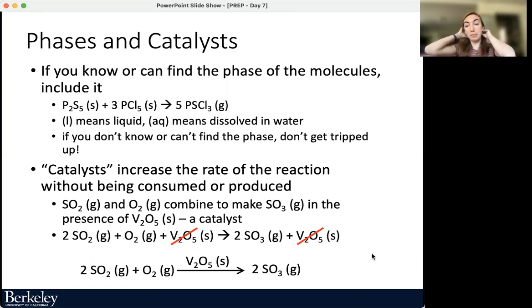It just needs to be there in order to make the reaction go faster. Does this conceptually make sense? Okay.